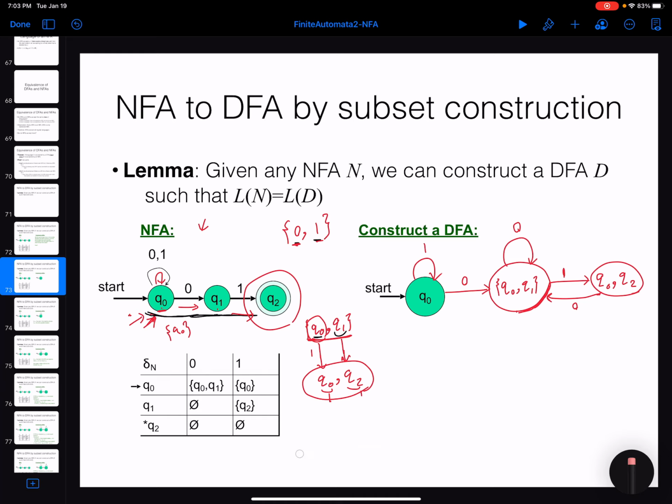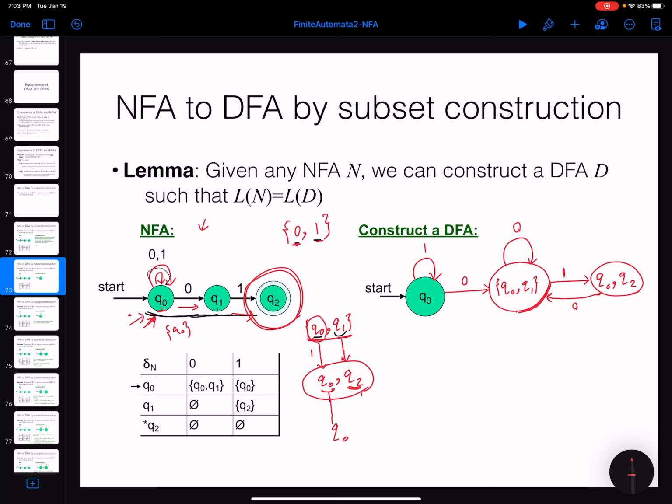Now we wanted to see where we are going to end up if we are at Q0 or at Q2 in my NFA and I see a 1. If you are at Q0 and you see a 1, you will stay at Q0, right? This is the transition. If you are at Q2 and you see a 1, there is no transition in my NFA, so you are not going to go anywhere.